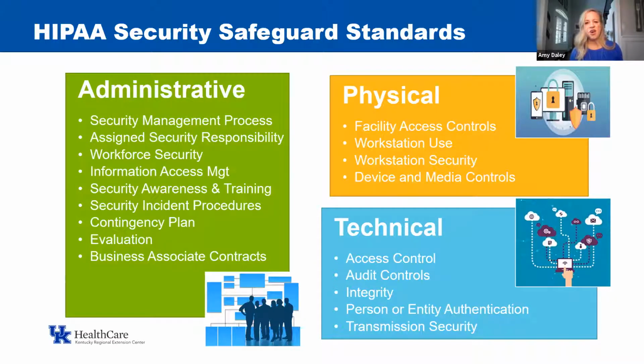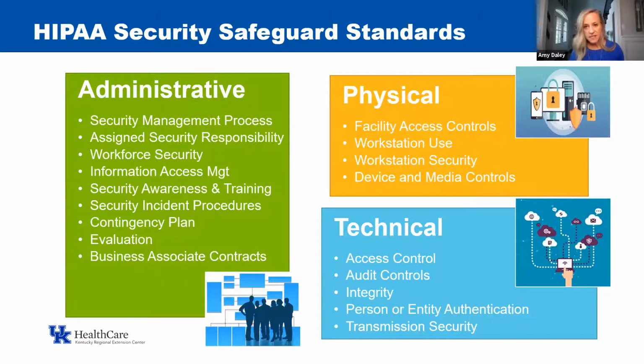The physical safeguards set out safeguards for our physical access, like to our buildings, for instance, and facility access controls. They are physical measures that protect a covered entity's electronic information systems and related equipment. So you're protecting from natural disasters, environmental hazards, and unauthorized intrusion.